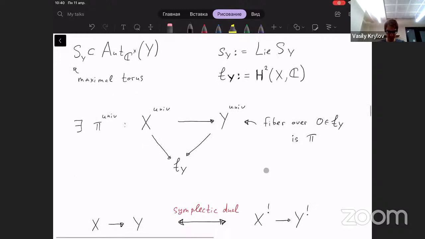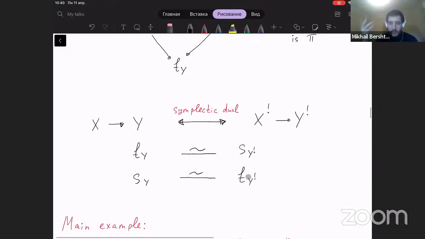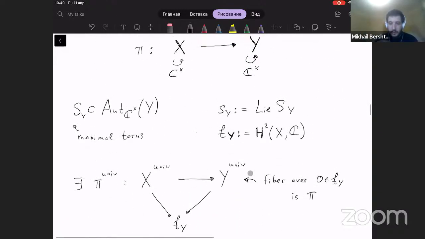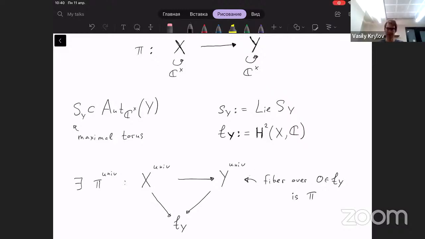Okay, so this is the general situation. In that case, this cohomology is one-dimensional, and this corresponds to the parameter, which is the value of the central element in the algebra. Exactly.